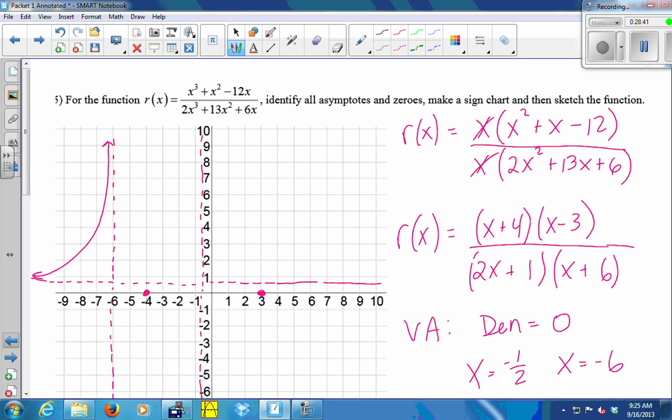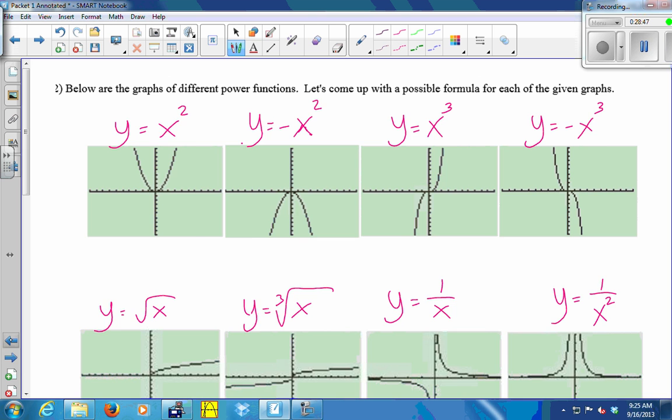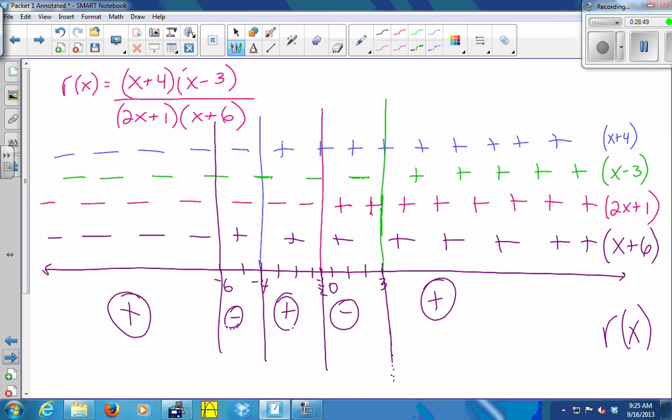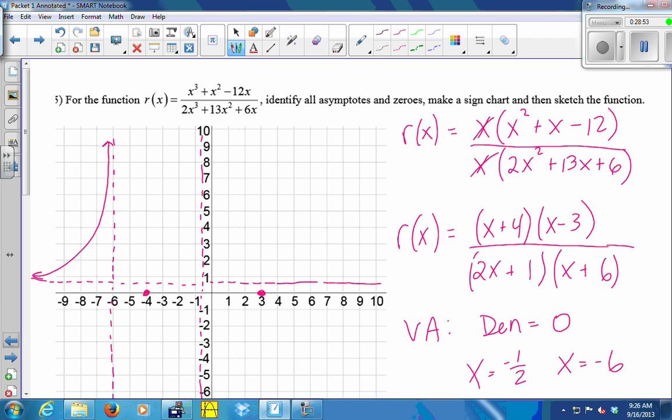All right, let's see. My next interval of interest looks like it's between negative 6 and negative 4. Negative 6 to negative 4 is always negative. So it's probably like that, because I have to be below the x-axis and I have to approach that asymptote.